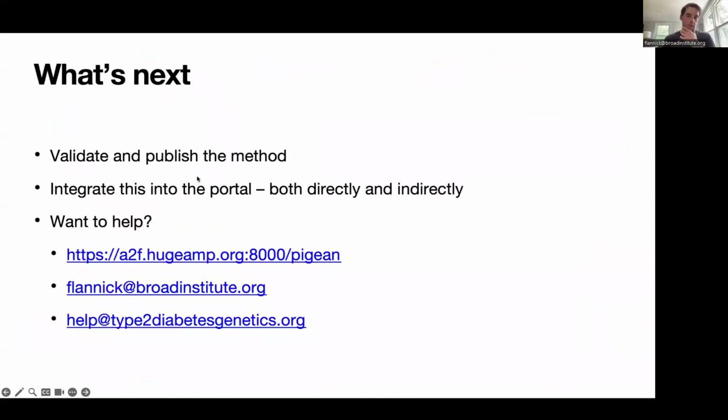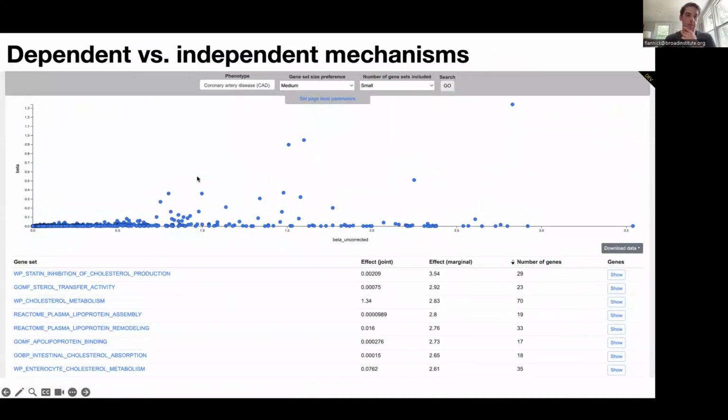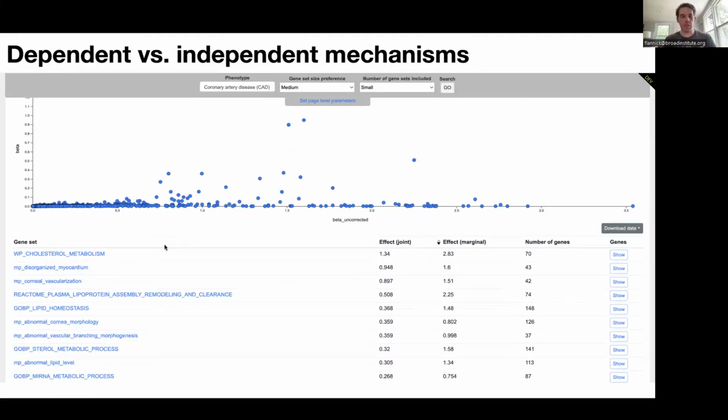And that's why you see such a difference. With the marginal effects, you see all these cholesterol gene sets because all of them are significant. It's just that they're very, very highly correlated with each other. So when you jointly fit them, statin inhibition of Wiki pathways cholesterol metabolism explains all of the others, or to a large degree, such that they fall way down below these other gene sets, like disorganized myocardium, that are more independent.